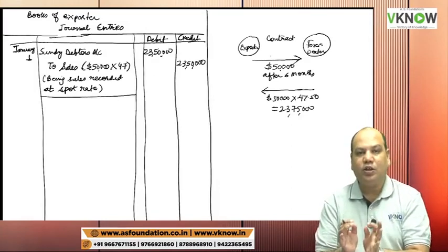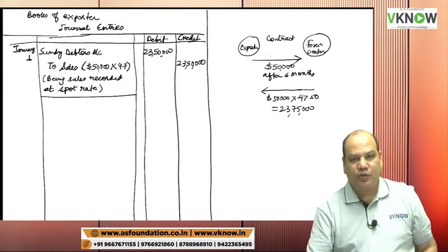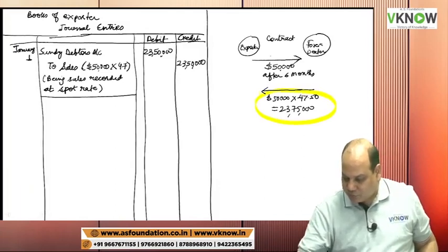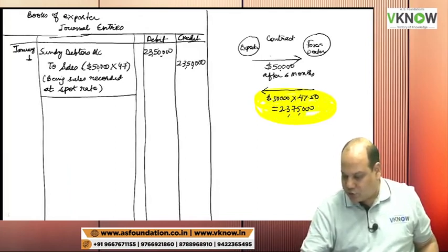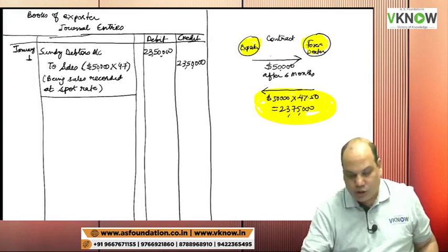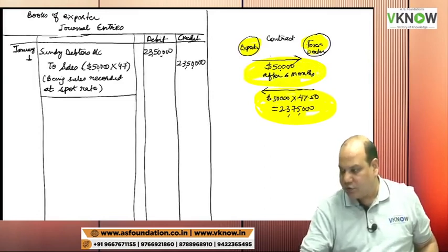We are in the books of the exporter. So the exporter has to receive 23 lakh 75,000 from the forex dealer, and the exporter has to pay, there is a payable also, $50,000 after 6 months.